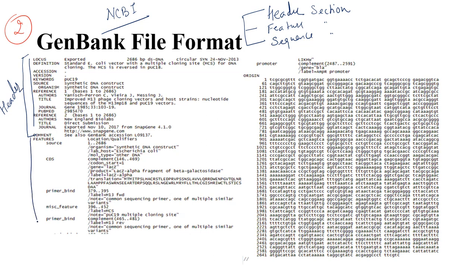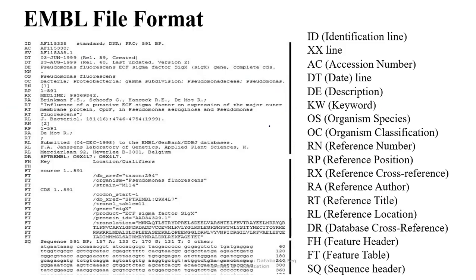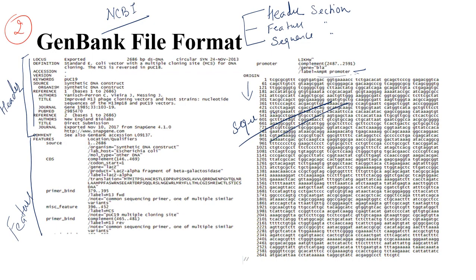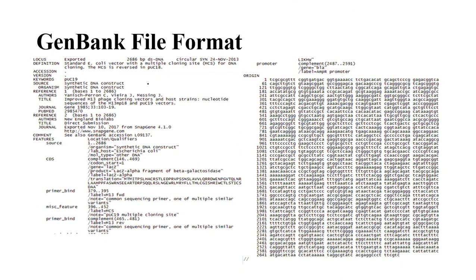From feature to this area, before the origin, not including the origin, till here, this is known as the feature section. And from the origin onward, it is the sequence. Okay, so this is the sequence. So let's begin with this.